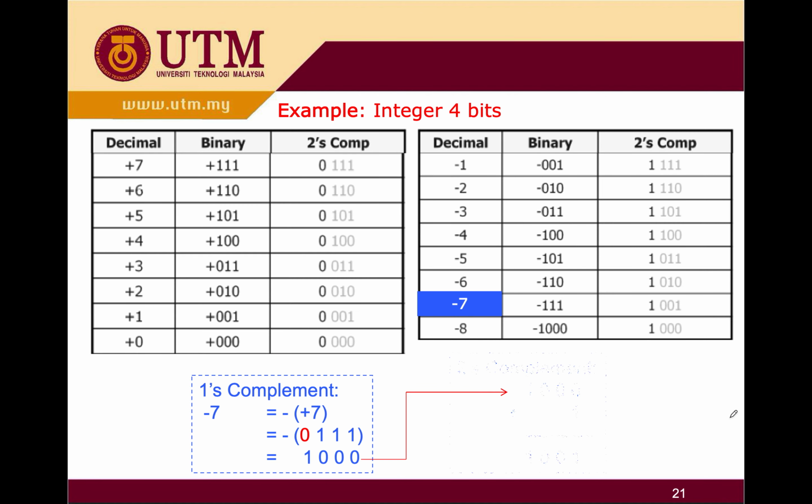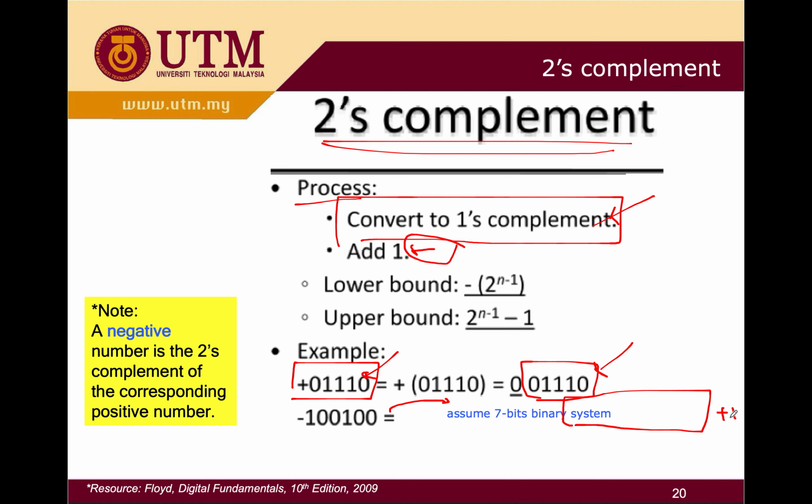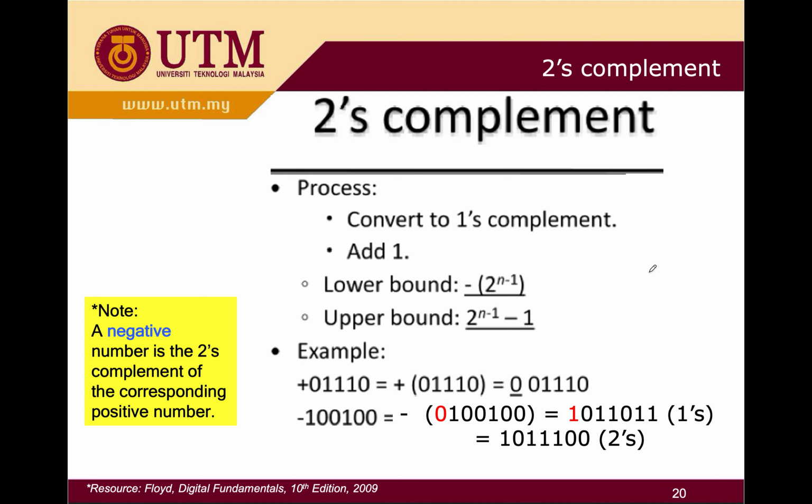Where is the method over here? Okay, I can just show you here also. Let's say you were given this answer. This example has already been discussed in the previous slide. So you get the number 1 0 1 1 0 1 1.